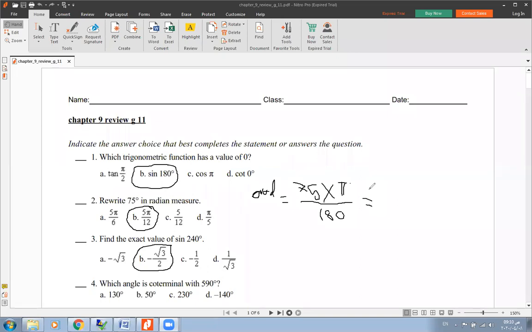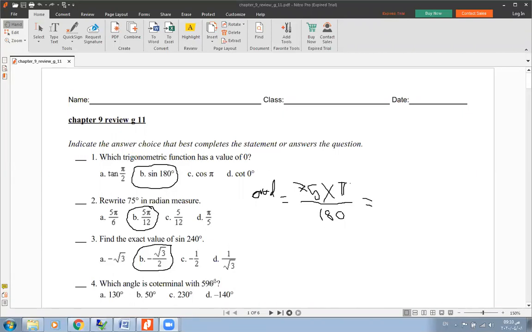We said that to find the coterminal angle, we subtract 360 if the angle is greater than 360. If the angle is negative, we add 360.